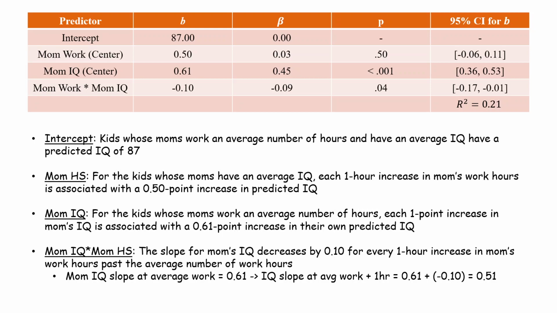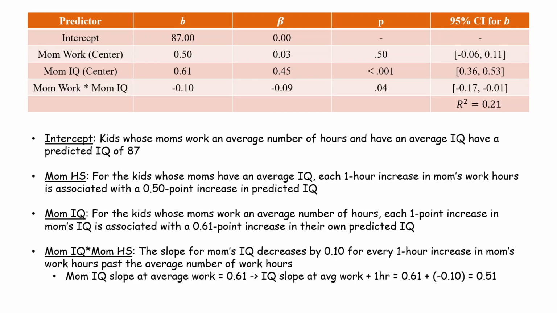This is why I don't like calling this moderation, because when you say moderation, you are basically theorizing that you're interested in one variable as a main predictor, and the other one is kind of like the levels at which you're analyzing the effect of your main variable. But it can be either way, right? So anytime we're looking at moderation or interaction terms, you can look at this either way.